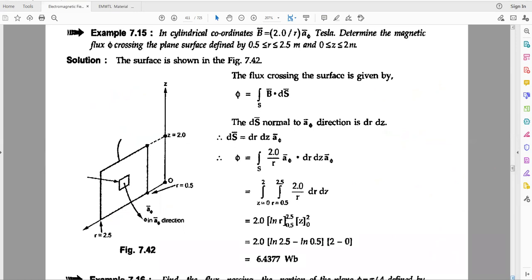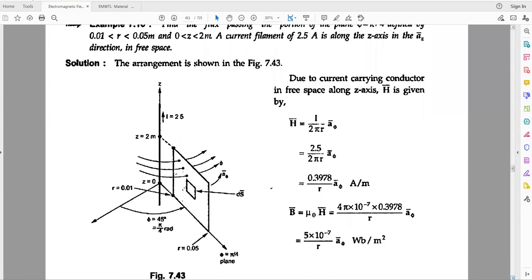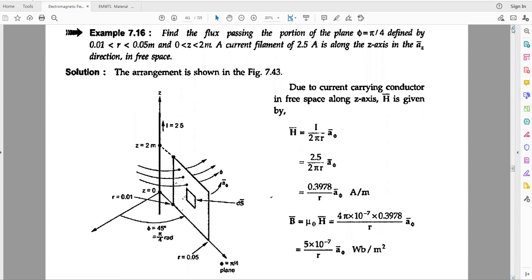Okay. Next example. Find the flux passing the portion of the plane phi is equal to pi by 4 defined by R in the range of 0.01 to 0.05, and Z from 0 to 2 meters.